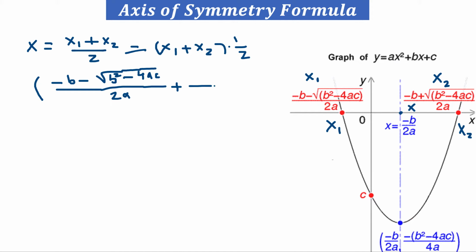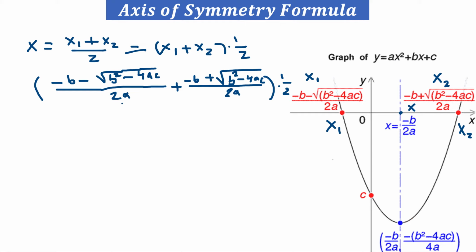Here, times 1 over 2, and here is minus b plus the square root of b squared minus 4ac, divided by 2a.